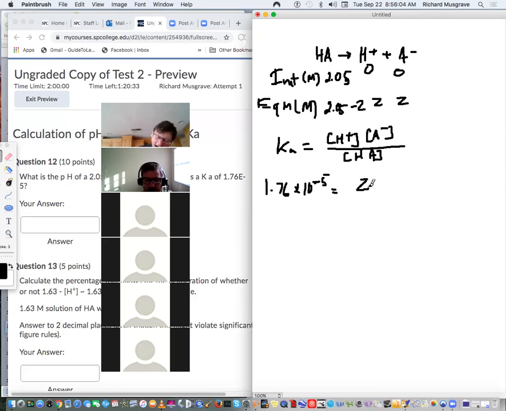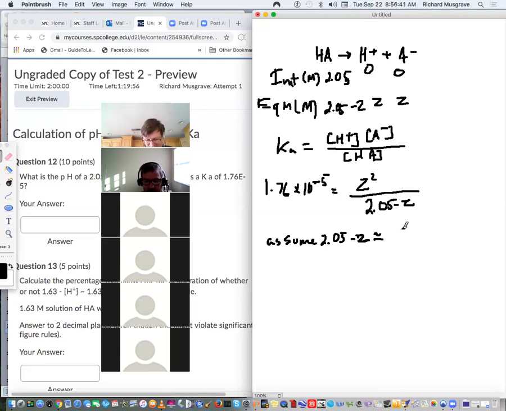And then it's going to be Z squared over 2.05 minus Z. And then we make the assumption that 2.05 minus Z is approximately equal to 2.05.